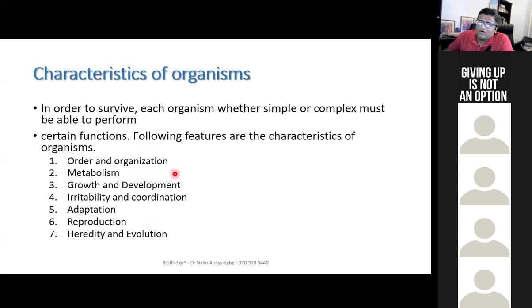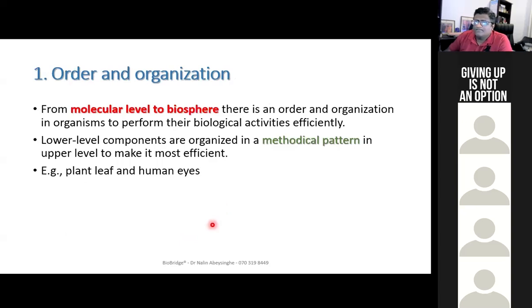You can write down: order and organization, metabolism, growth and development, irritability and coordination, adaptation, reproduction, heredity and evolution. We'll talk one by one.